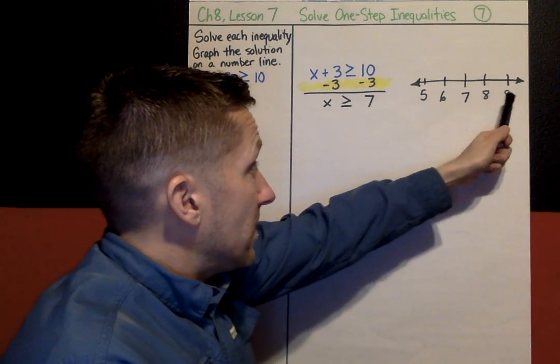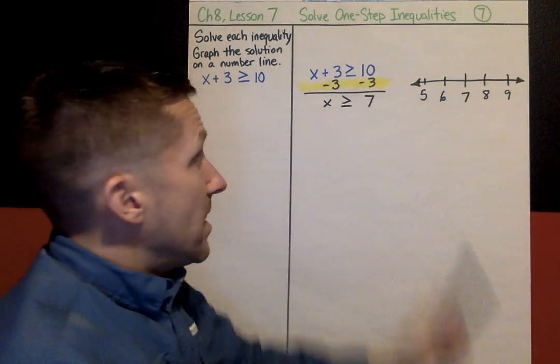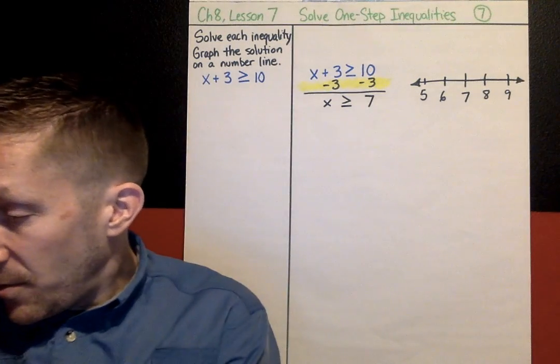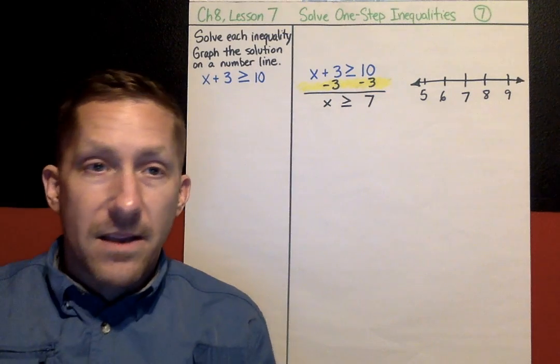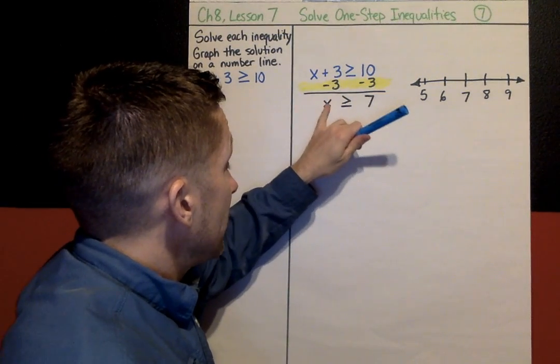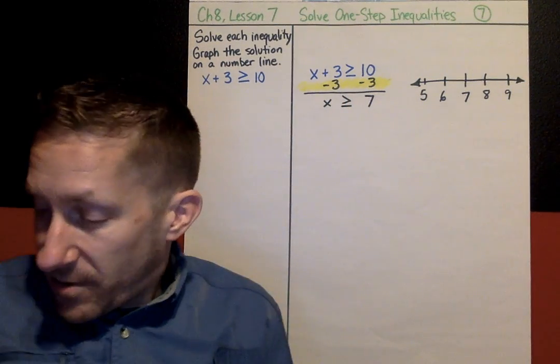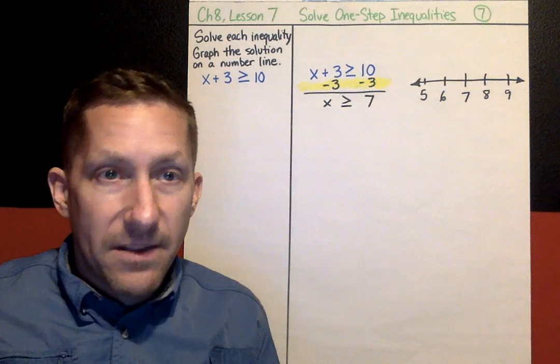That's greater than 7, that's greater than 7, so all of these are going to be answers. Do I want to include 7 in my answers? I do, because your answers are greater than or equal to 7.